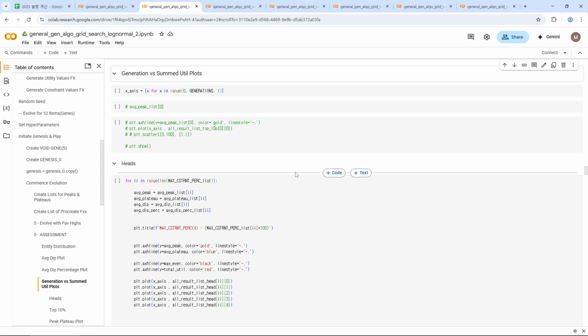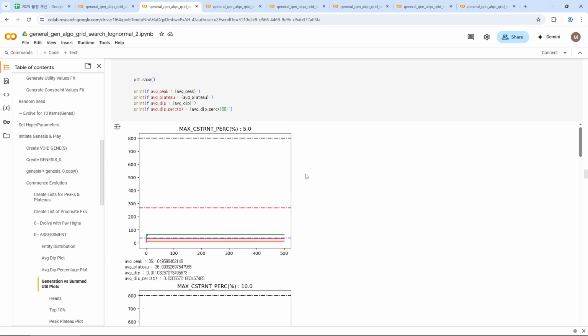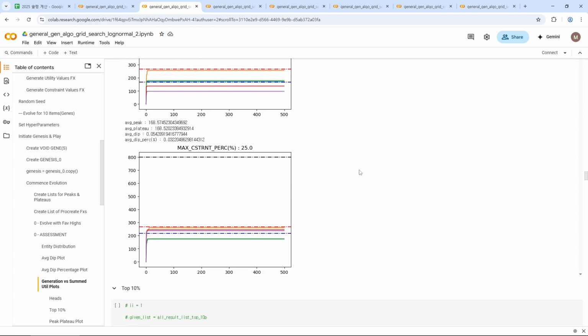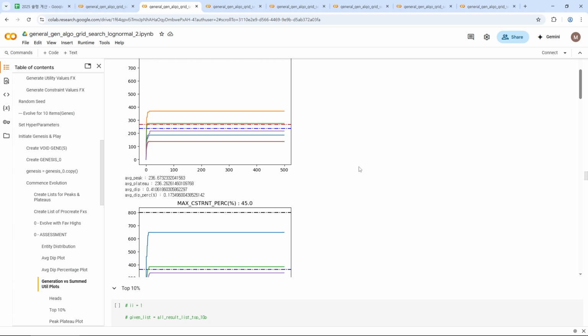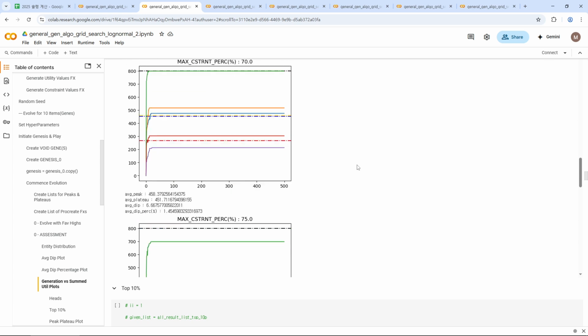Generation to sum the utility plots. When do we hit the black line? See, this is what I meant. The total utility should always be higher than the maximum ever if the items were fixed, but they're not fixed this time, so that's why this is happening. So watch out for when the plots on the lines hit the black line. Not there yet, not there yet.